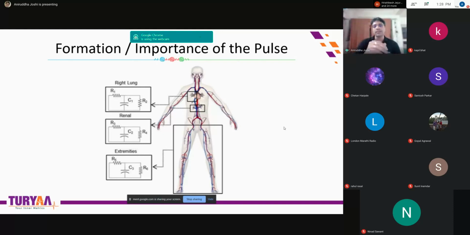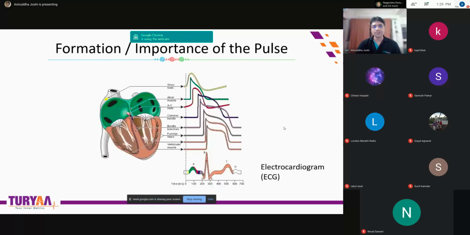That's why, even if there is a problem in my kidney or somewhere, I can feel the pulse on the wrist and find the correlation. So, three theories, simpler to understand. I have started with them, but at some other time maybe we can go deeper into that also.